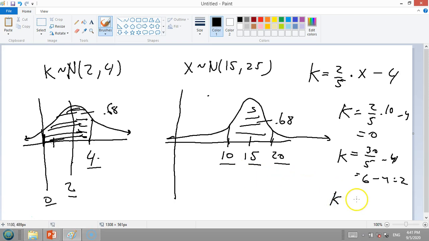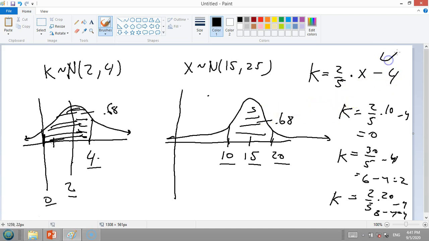You're going to put a k here, and it's going to be 2 over 5 times 20, minus 4. 40 over 5 is what? 8. 8 minus 4 is 4. So 20 indeed becomes a 4. So the formula is correct.